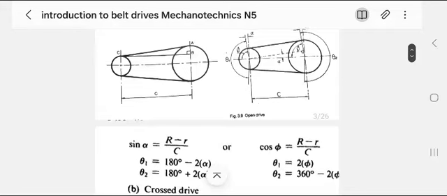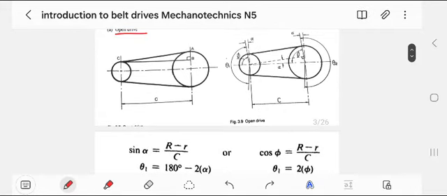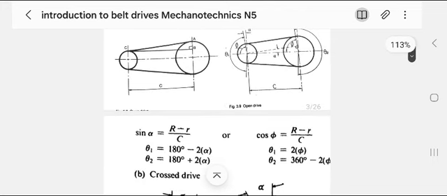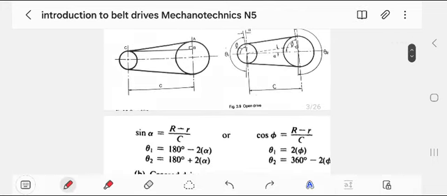Now, how to calculate the angle of contact. To calculate the angle of contact, for the small pulley it will be theta 1. Here's the formula that we are using: sine of phi equals that.